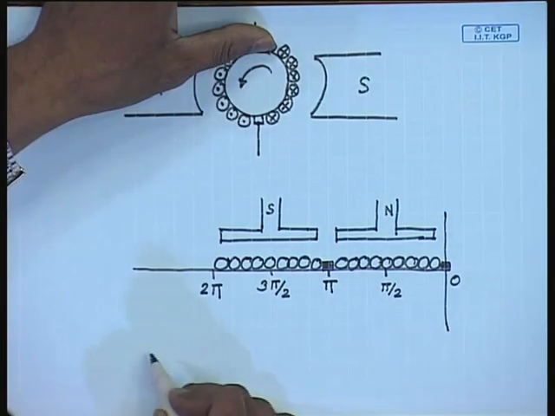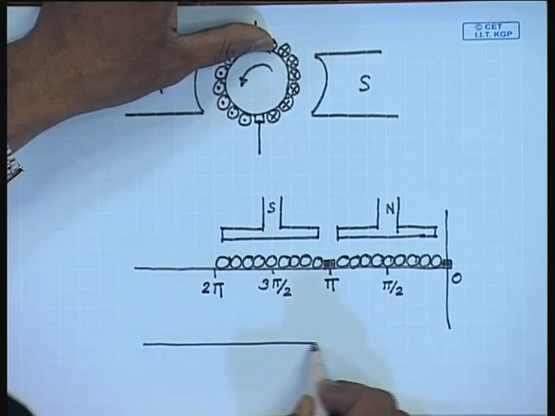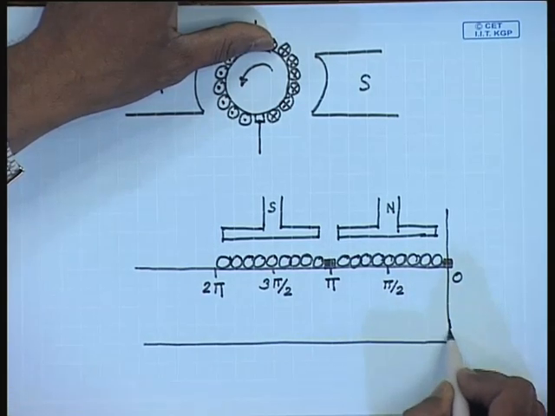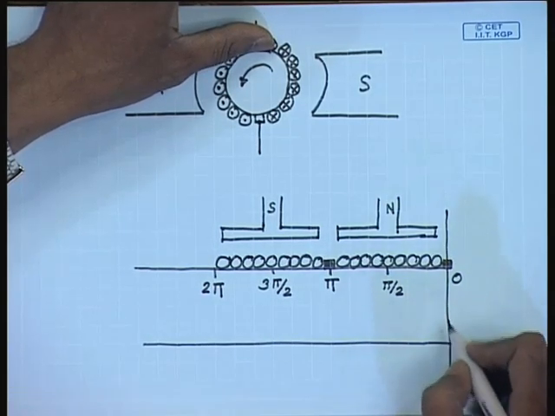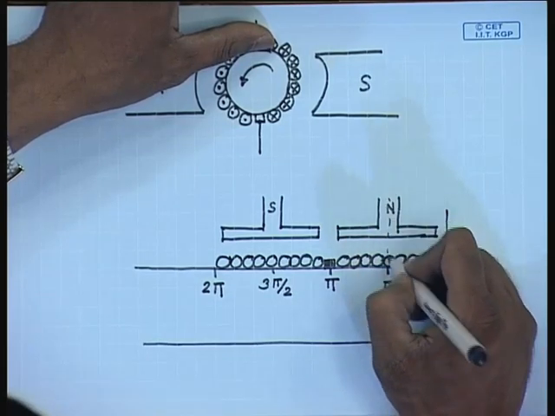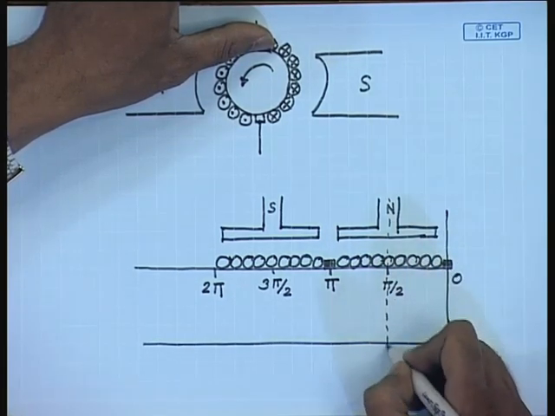The flux density waveform due to the field is trapezoidal.